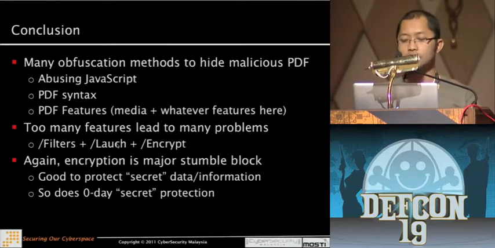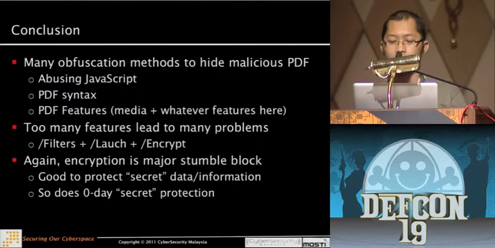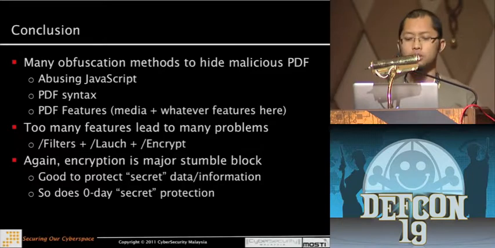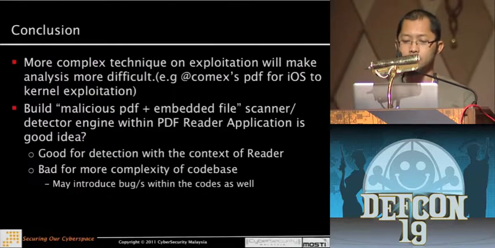It's nice and convenient, but it can also lead to a different problem. And you also have /Encrypt, which I just showed in a demo. Encryption is a major stumbling block. It's good to protect your secret data, and so it is for zero-day protection as well. You can protect a zero-day within this encrypt function.